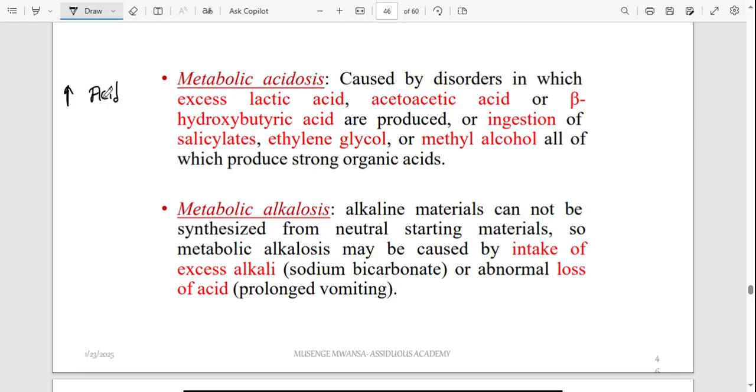And as you are doing that, you are releasing a lot of hydrogen ions, and that causes what we call lactic acidosis because you are going to be producing lactate. Actually, when you are breaking down lipids, you are going to be forming acetoacetic acid, beta hydroxybutyric acid, and acetone.